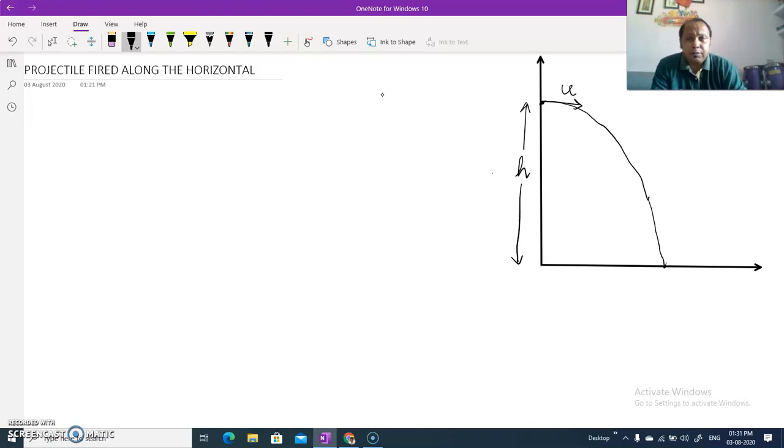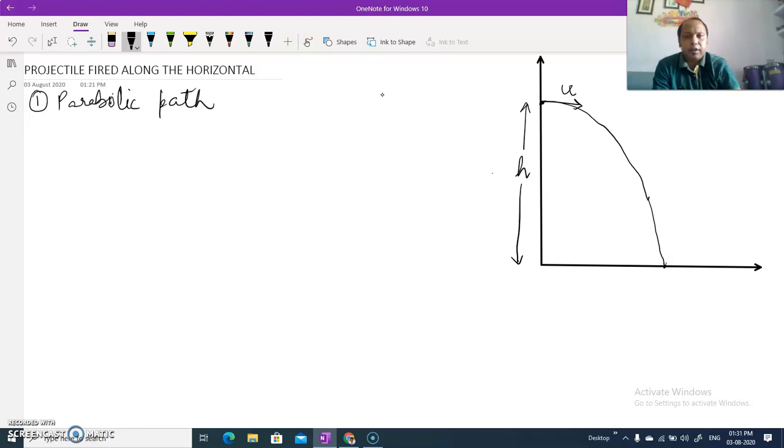Now, what we are first going to do is just find out that the projectile moves in a parabolic path. So let us see whether it moves in a parabolic path.